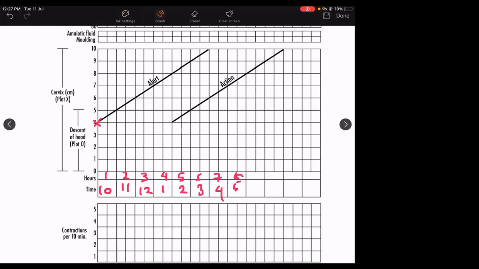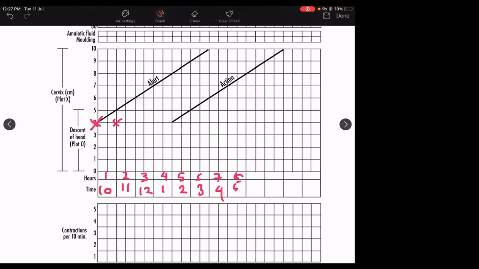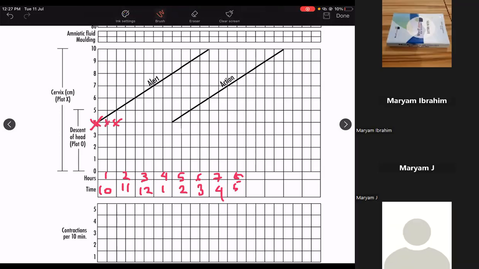So your 4 centimeters is actually here, not here. Because if you plot it here, that means at 9:30 she was at 4 centimeters. This is 9:30 and then 10, so this is where it should be. At 10 a.m., she was at 4 centimeters cervical dilatation when you did VE.